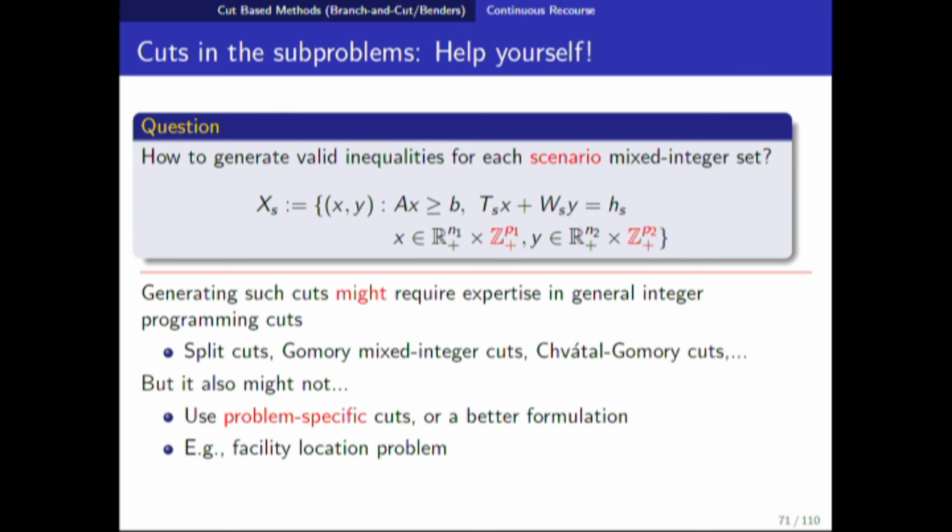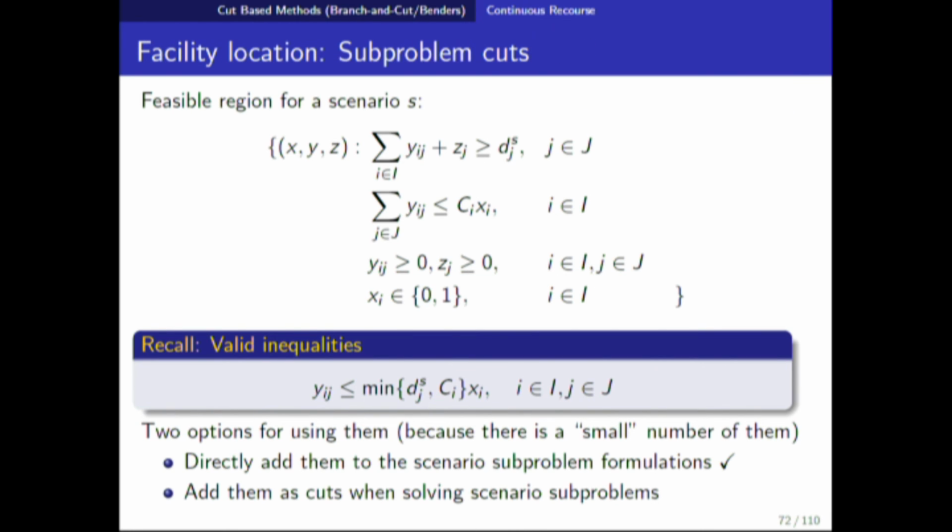So let's go back to that facility location problem to see how that would work in that case. And it's very simple in that case. So this was our original feasible region for a single scenario in the facility location problem. And remember, we had these kind of trivial-looking valid inequalities where I just look for every pair of customer and facility location, and I just say that the amount I send from facility i to customer j is at most this constant times x_i, where this constant might be smaller than c_i because the demand at customer j might not be so big.